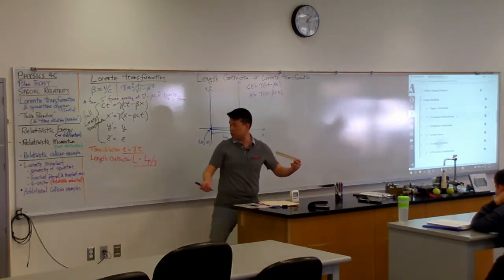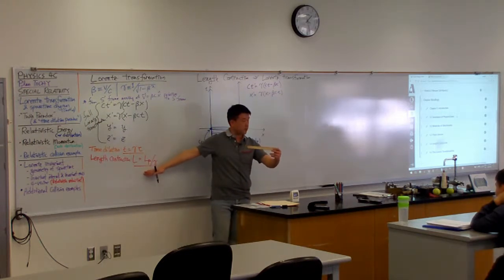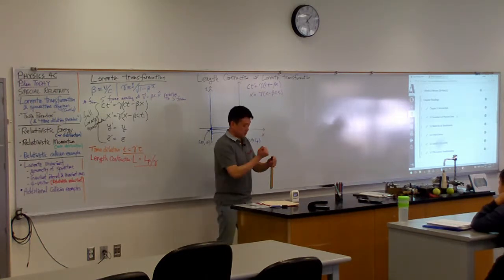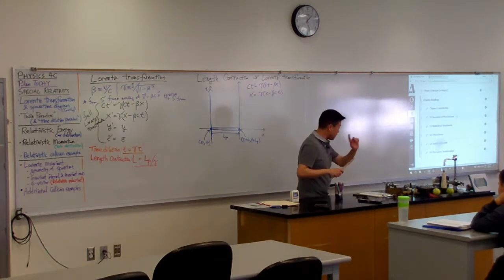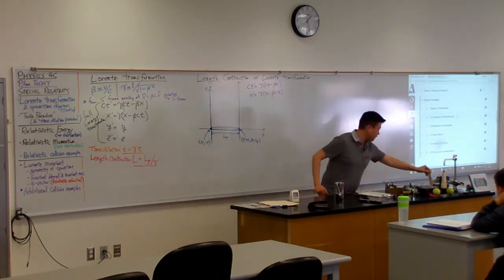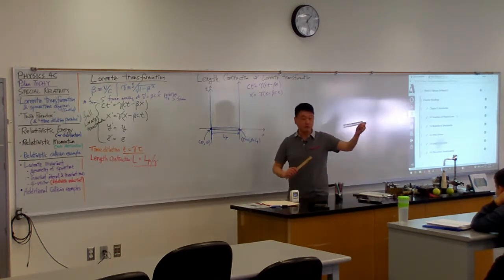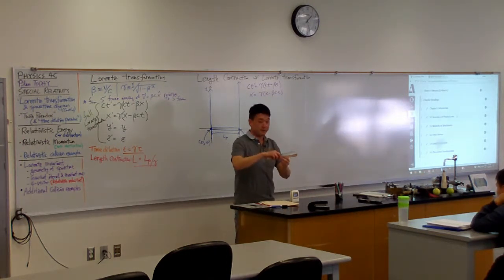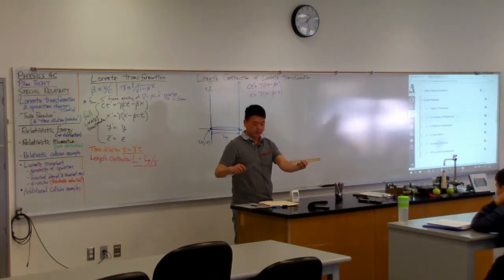Do you expect the ruler to contract, as we said in length contraction? Yes. So imagine, I want you to think about this before we get to the answer, because if you don't, it can get confusing. So let's say this is the ruler you are holding, and this is the ruler that's being held here.